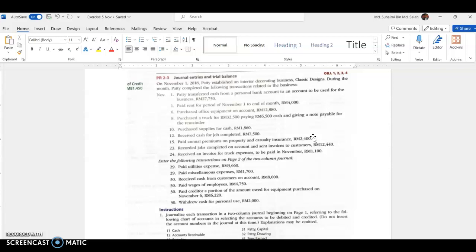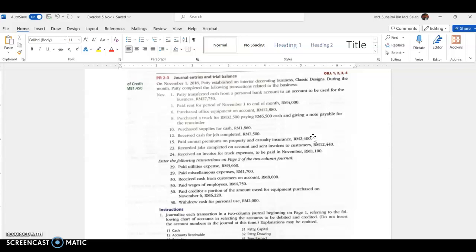So credit cash 6,500, and also we give notes payable. How much? We have to calculate 32,500 minus 6,500, and the amount is 26,000. The account involved is notes payable. So we have to credit notes payable, and the amount is 26,000.